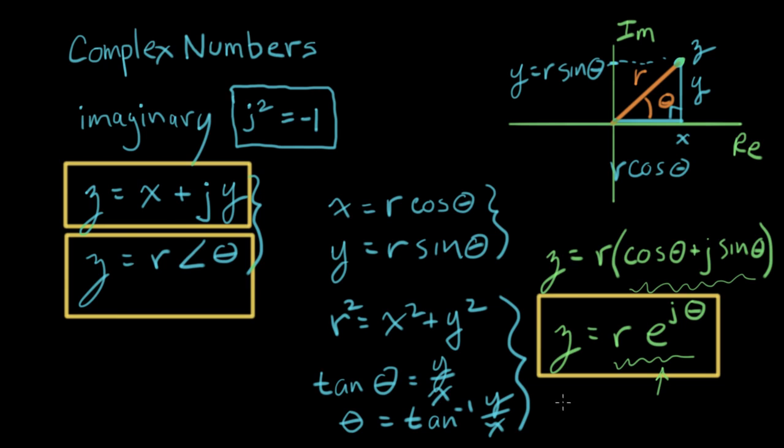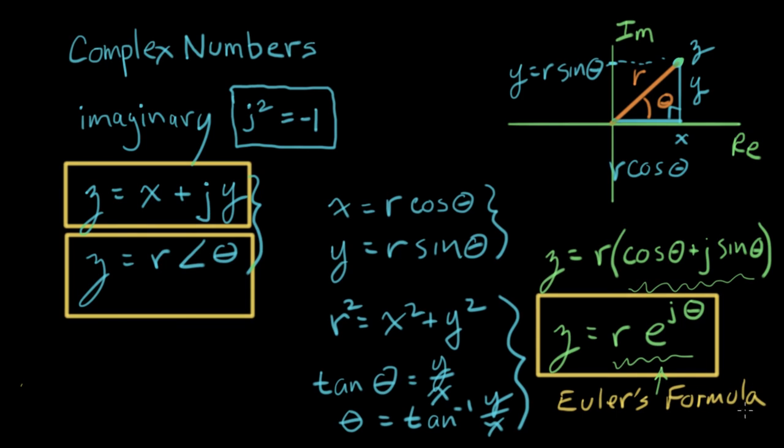And just as a reminder, I'll write down Euler's formula, which is where that comes from. Euler's formula is e to the j theta equals cosine theta plus j sine theta.